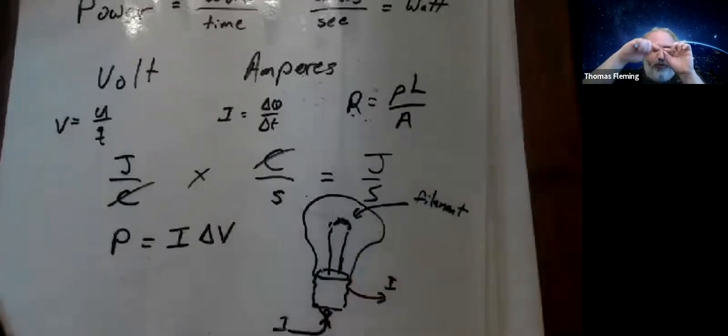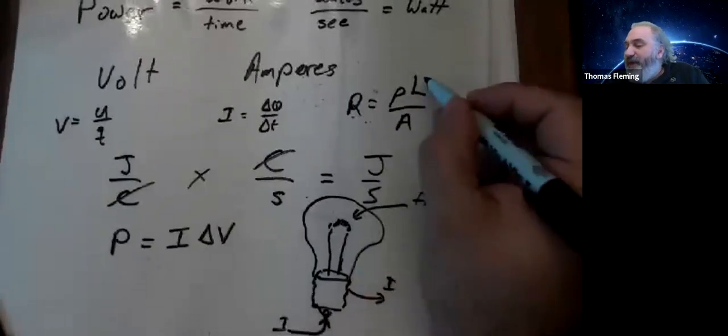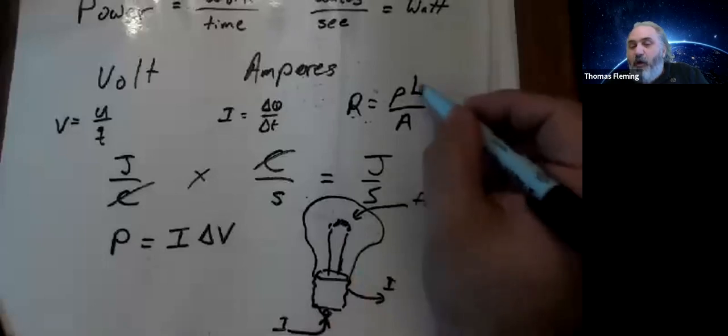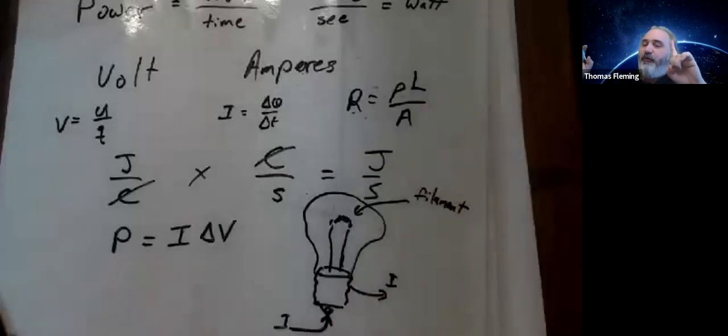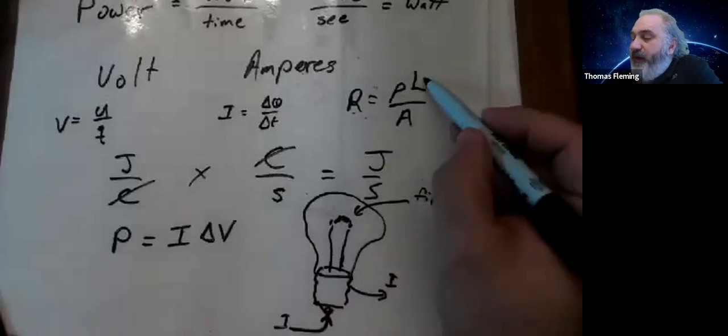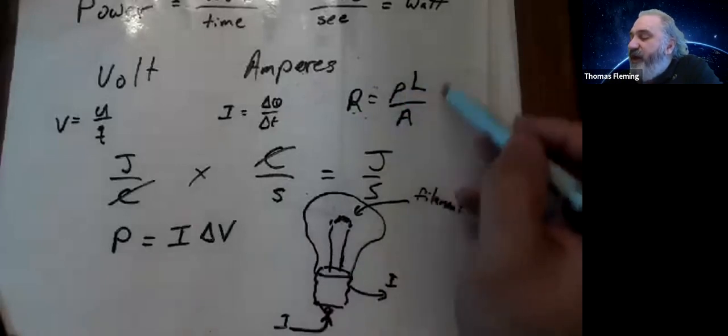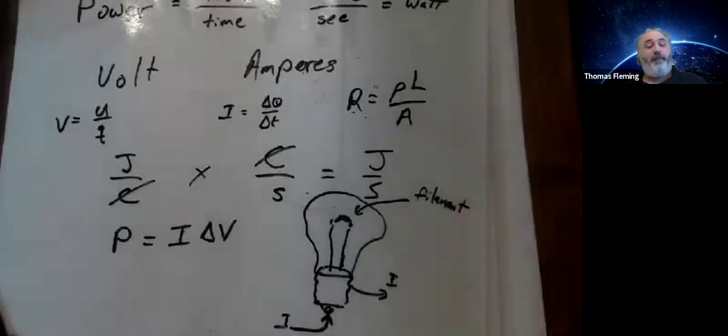If you were to take all those little curly wires and stretch them out, they would be quite long. So by making them super curly, we're often able to make this length exceptionally long because we're going to pack a huge length of wire into a tiny amount of space. It's also super, super thin wire. Super thin wire is going to have a small cross-sectional area. So this is big, this is small. All these things together tend to make R really big.